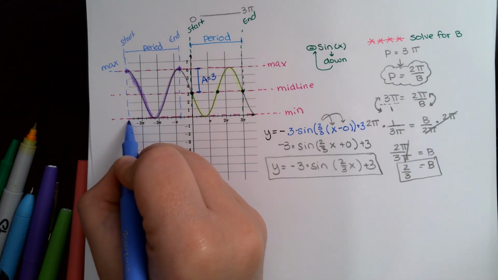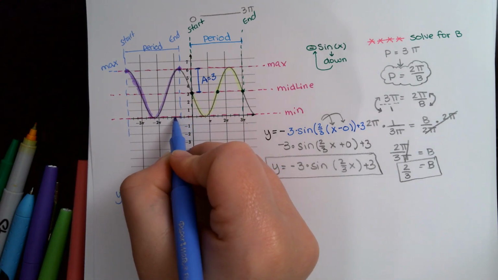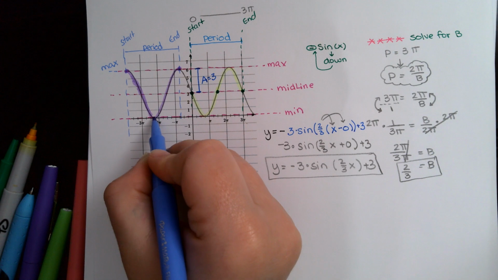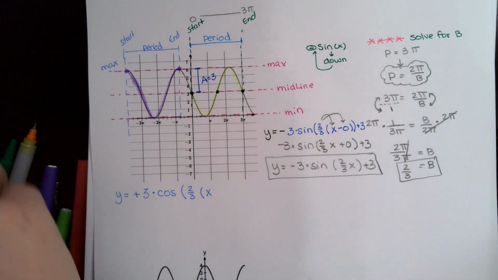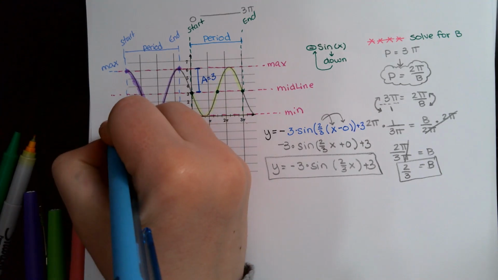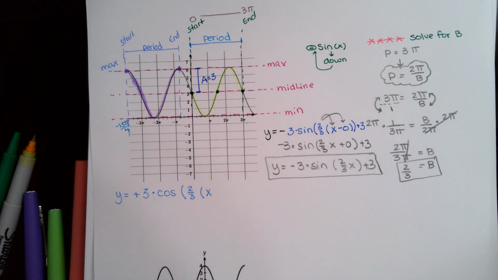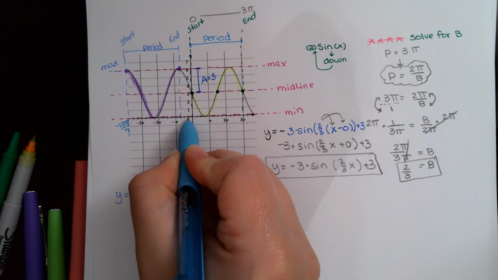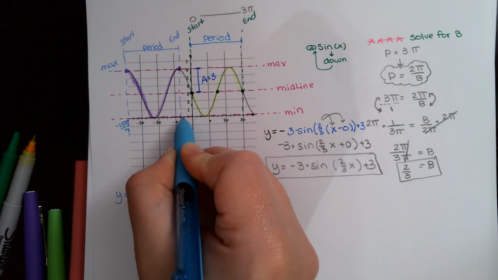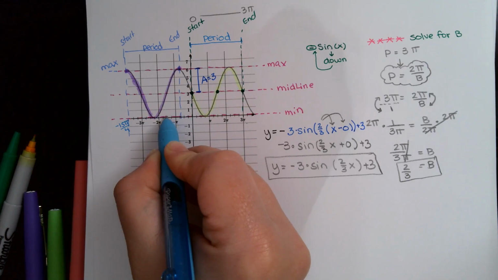So if we do by 4, it's 1/4, 2/4, 3/4, 4/4, 5, 6, 7, 8, 9, 10, 11, 12, 13, 14, 15 over 4. If this makes you uncomfortable that I'm calculating the start value by counting each tick mark, this is 1 pi over 4, 2 pi over 4, 3 pi over 4, 4, 5, 6, 7.